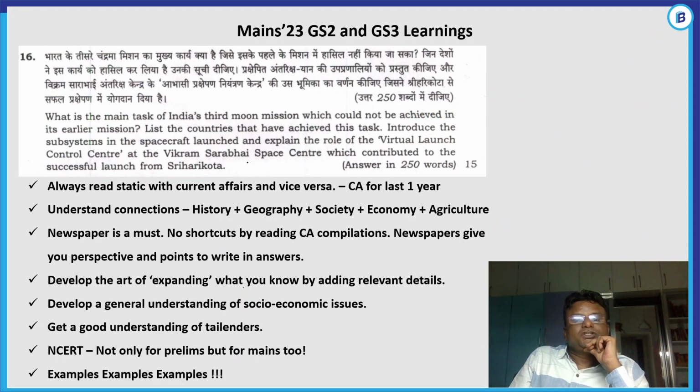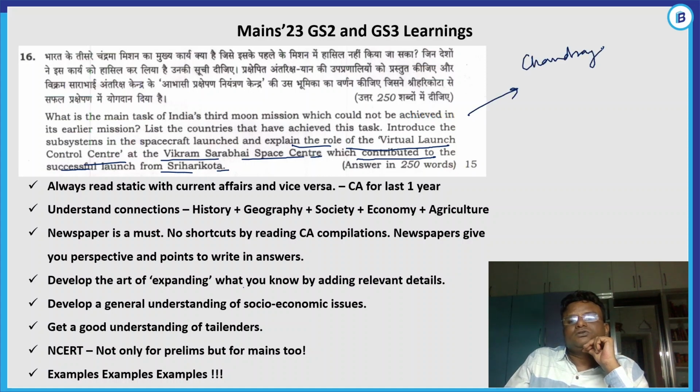Okay, this is a long question. I am only going to talk about: explain the role of VLCC at the Vikram Sarabhai Space Center, which contributed to the successful launch from Sriharikota. Now, I'm sure that all of you have tracked the Chandrayaan news, but how many of you really tracked the launch? Everyone tracked the landing.